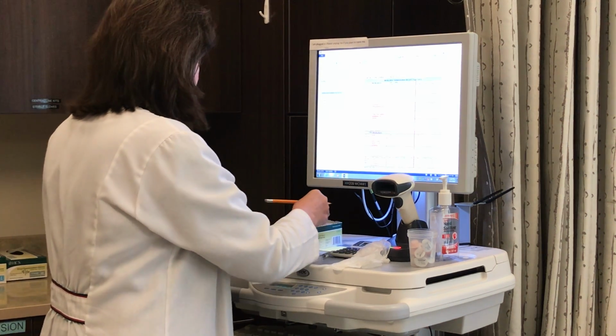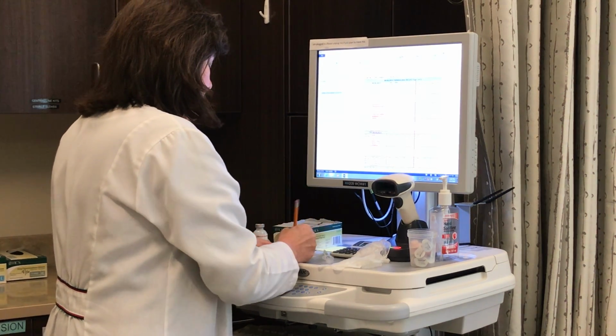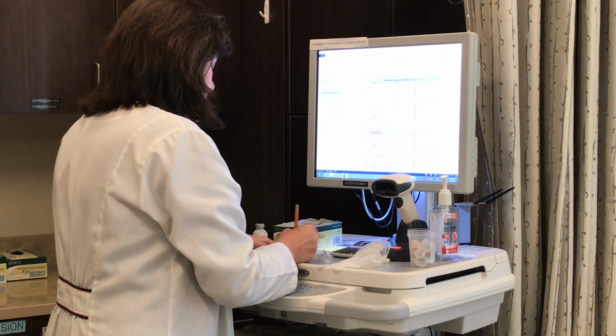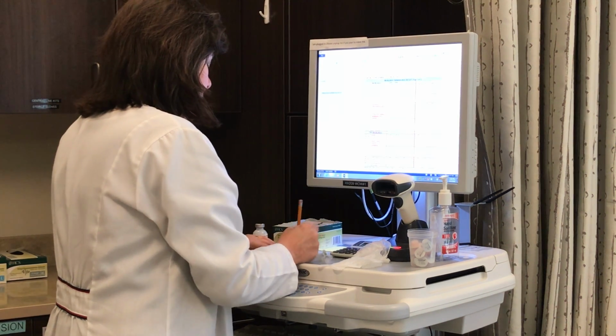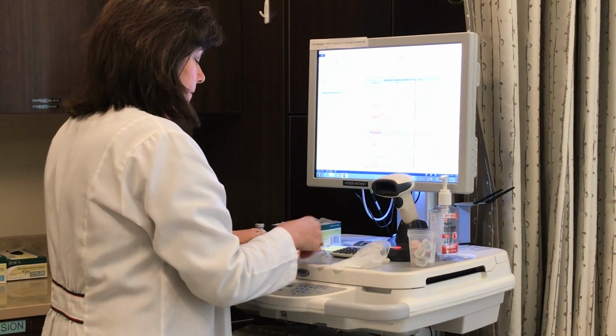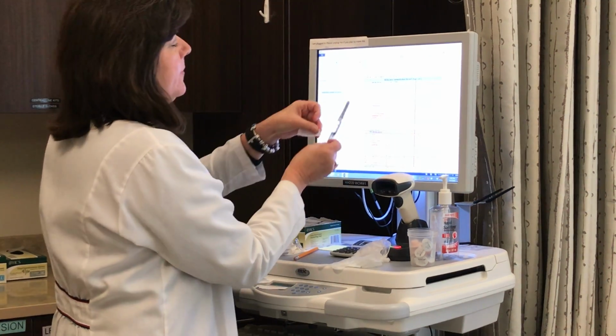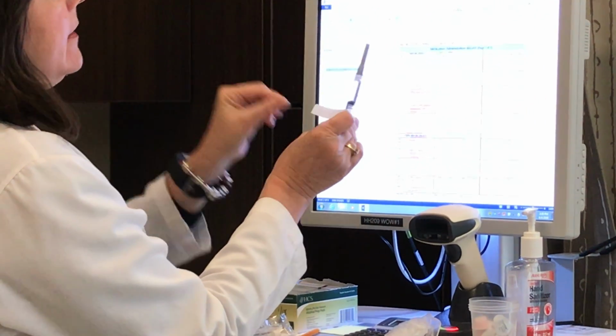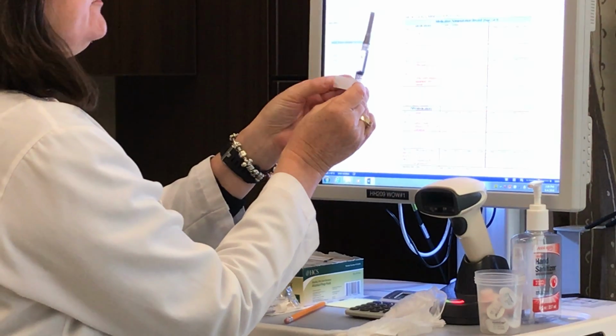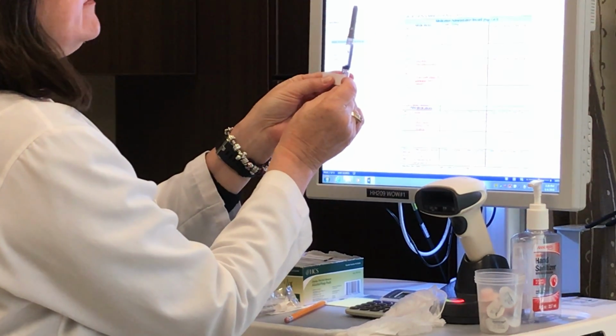I'm going to put the patient's name, the name of the drug, the dose, and the concentration. Apply the label where the fluid is not in the syringe so that I'm not over the increments.